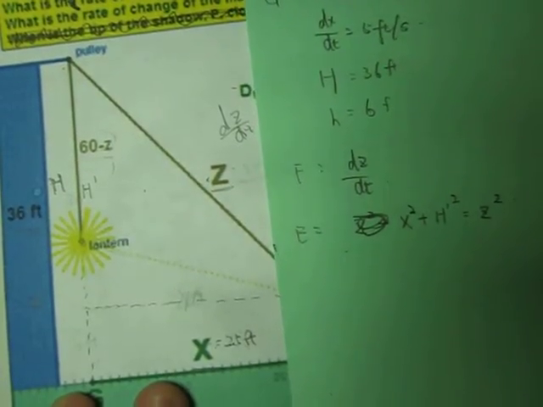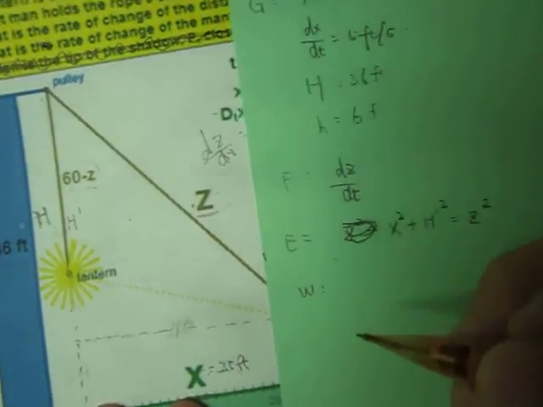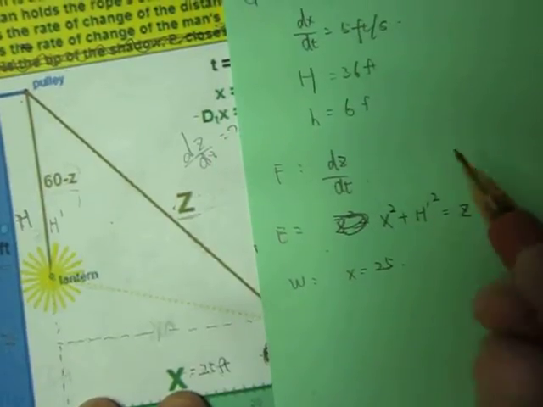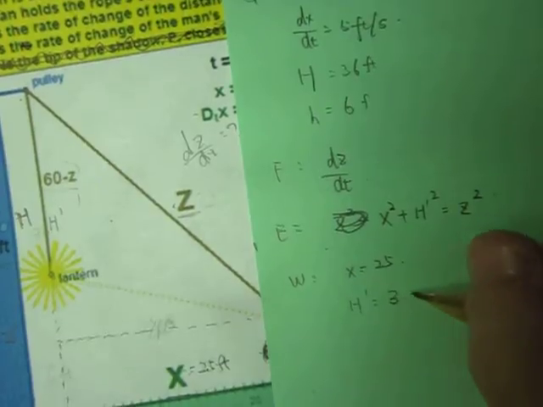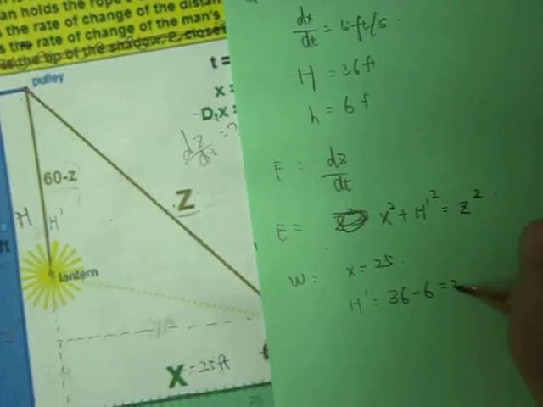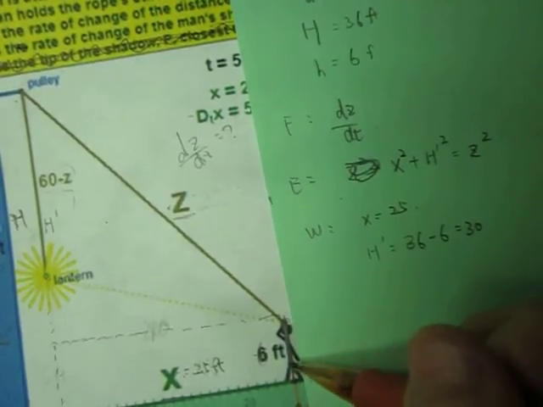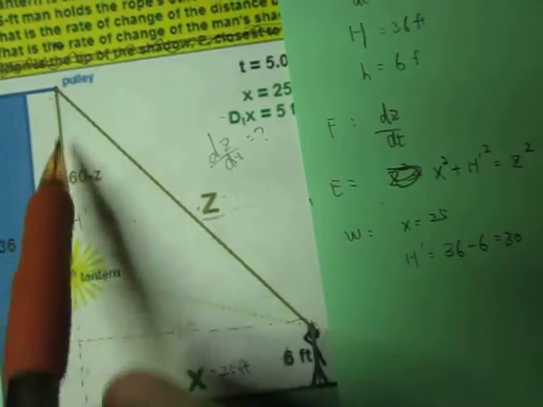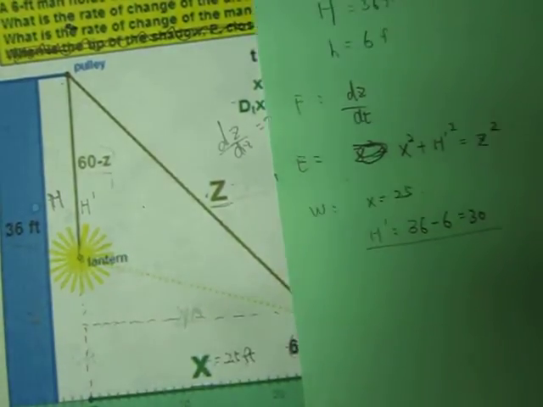Okay, and then what we know from here is x equals 25, and h prime should be equal to 36 minus 6, which is 30, because the person here is 6 feet and the whole thing is 36, so this part should be 30, and that one should be a constant because it never changes.